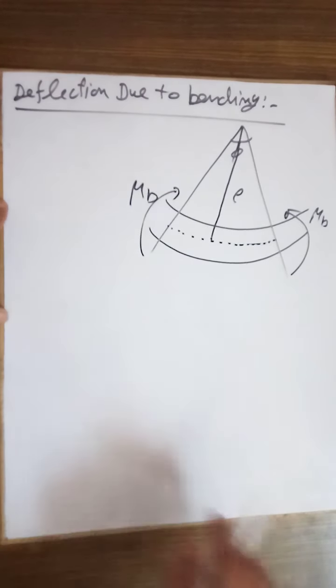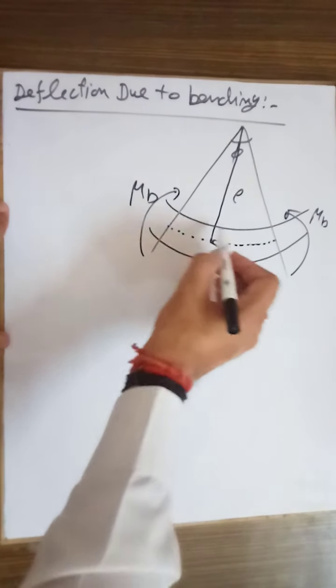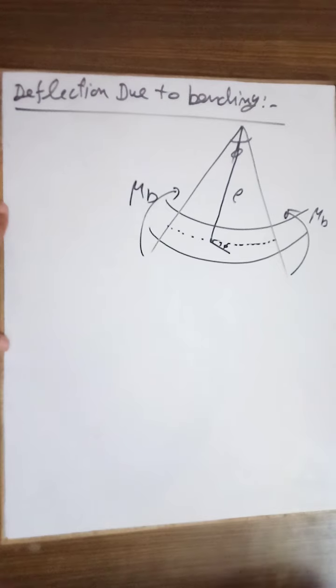If we consider this point, it will be like this in this direction, and here it is the phi. Like this we can say. Let me draw this particular segment of the slope, how it will vary. For that, let me draw another figure.